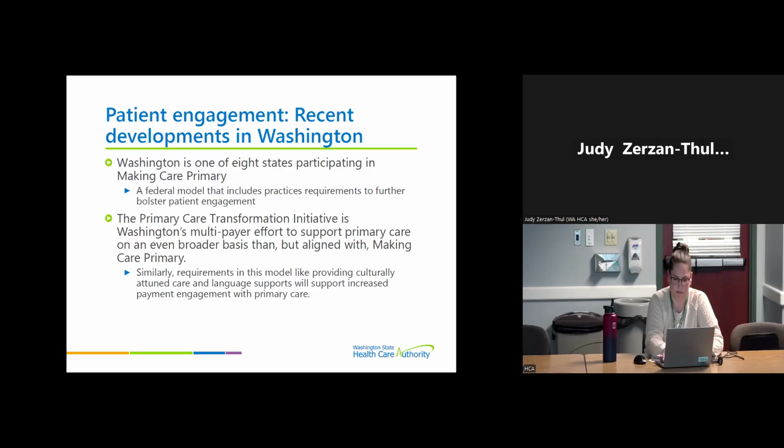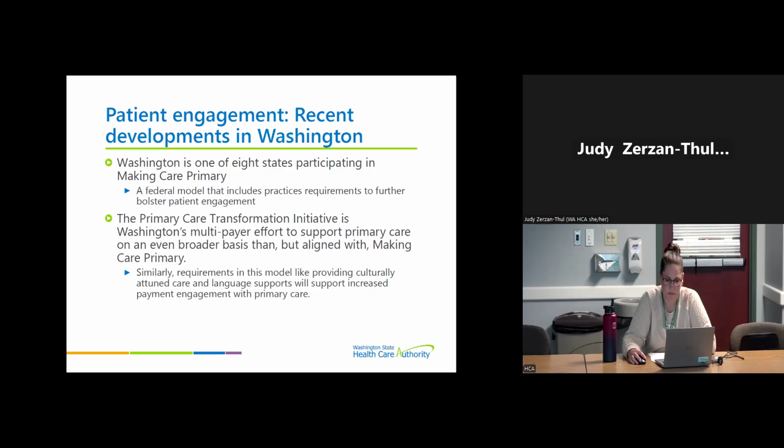And really a key part of that model is implementing things that will support primary care engagement. The Primary Care Transformation Initiative, I think in the past you've heard of the primary care transformation model, but the initiative is Washington's multi-payer effort to support primary care on an even broader basis, but still aligned with Making Care Primary.